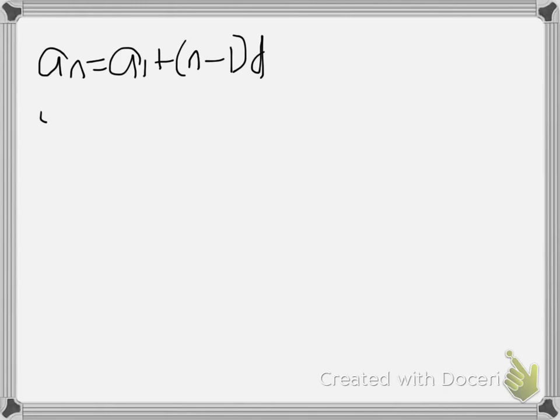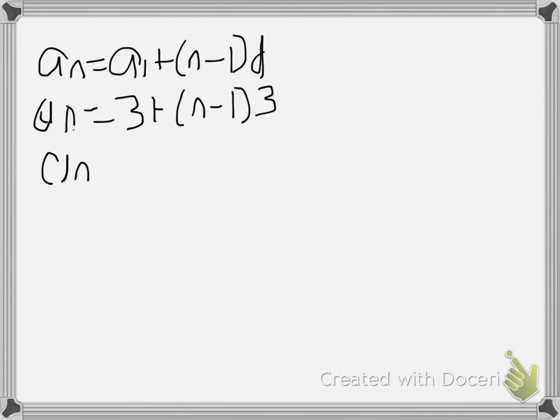So a sub n equals 3 plus n minus 1 times 3, or a sub n equals 3 plus 3n minus 3, or a sub n is just simply 3n.